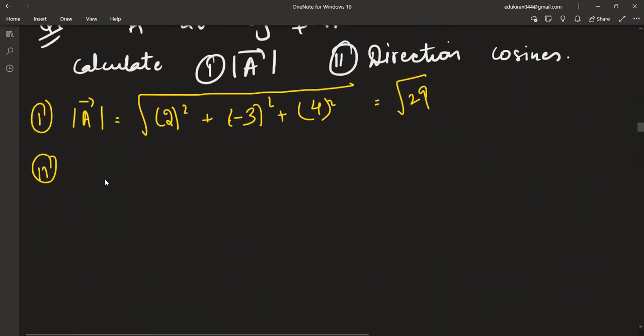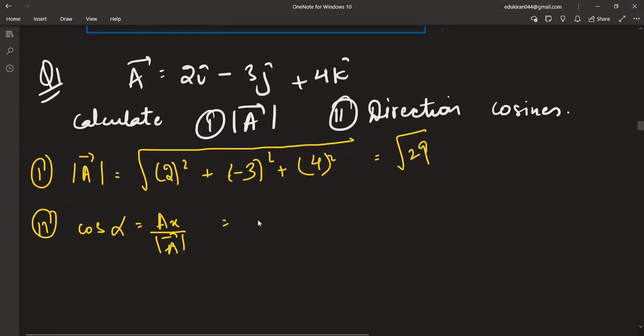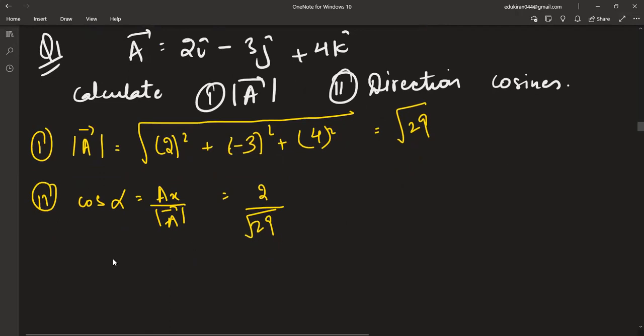What did we study regarding cos alpha? Cos alpha was ax, means coefficient of I cap, divided by their magnitude. So ax, what is the coefficient of I cap? It's 2. And what is the magnitude? Root 29. So cos alpha will be 2 by root 29.